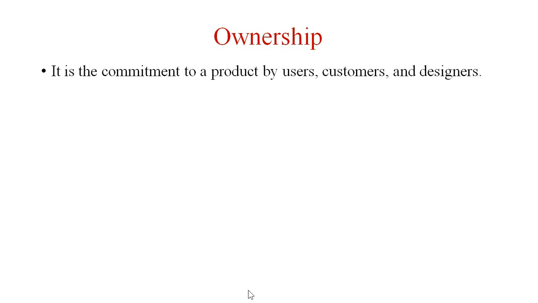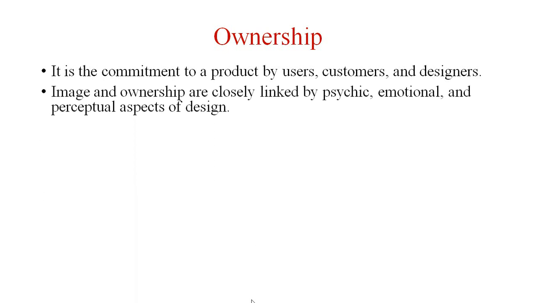Commitment by customers is in terms of the time or money spent searching different companies for getting that particular product. That is the customer point of view. From the designer point of view, it is related to the time spent designing that particular product, and their shareable knowledge to design it. So these are the commitments to the product by user, customer, and designer.